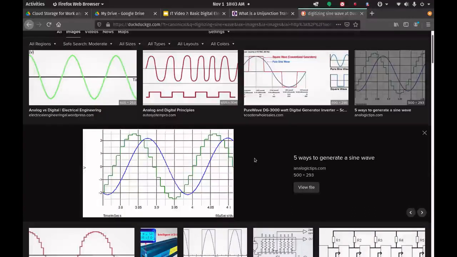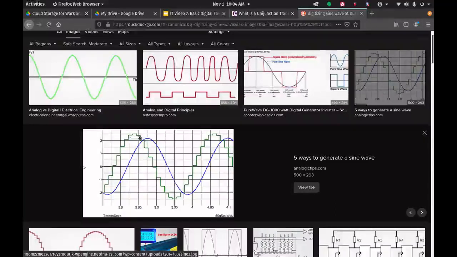We're going to jump over to a general search of digitizing the sine wave, just so you understand what I'm talking about. So in blue, you have your analog sine wave. It goes up and it goes down, and it has infinite values at any point across there. Digitizing it means you're sampling, in green, at a particular point to figure out what the value is.